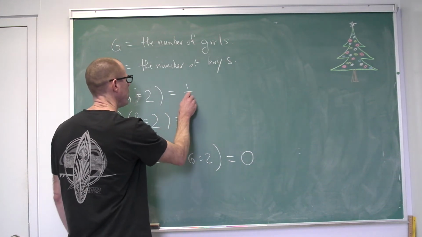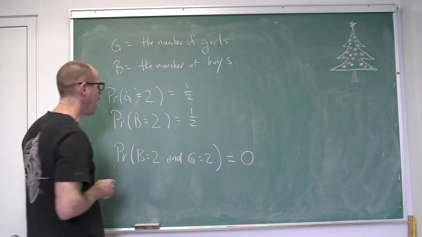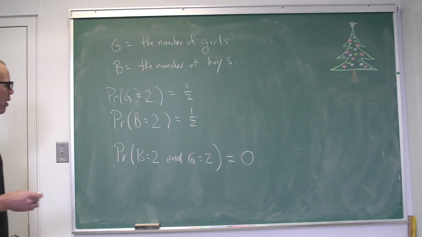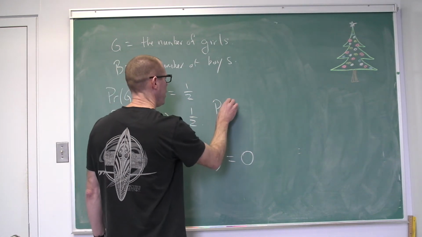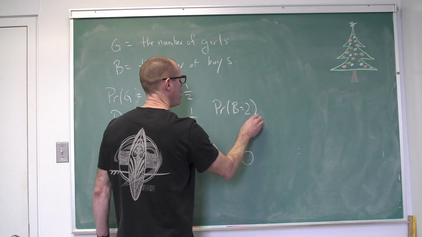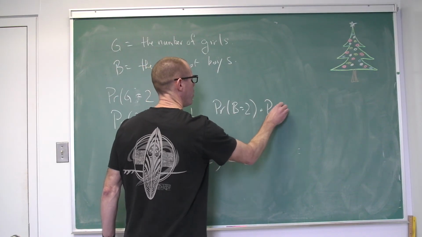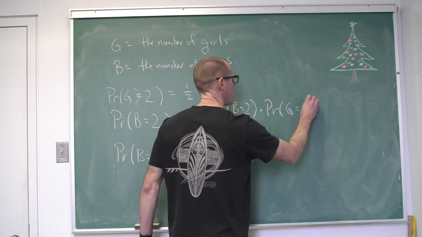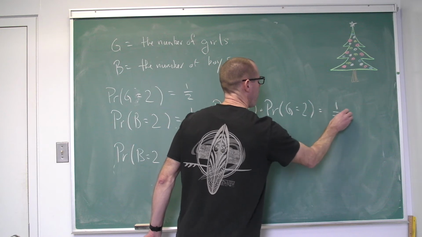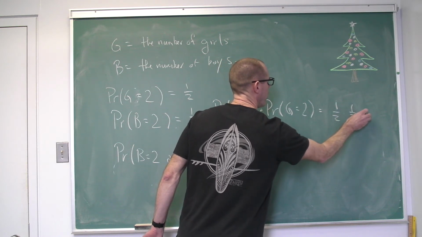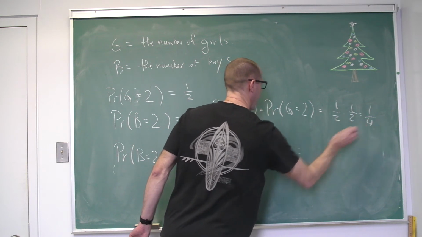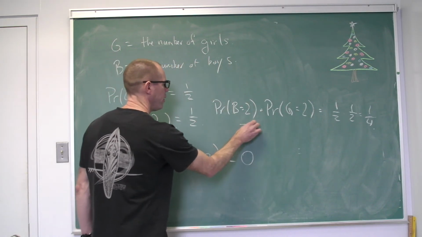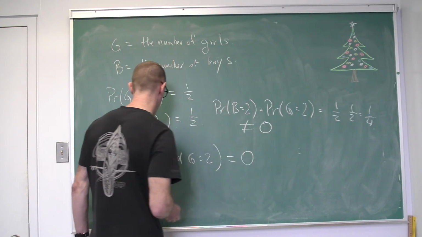So each of these must be equal to a half, and therefore the probability that the number of boys is equal to 2 times the probability that the number of girls is equal to 2 is 1/2 times 1/2, which is a quarter, and in particular, that is not equal to 0.